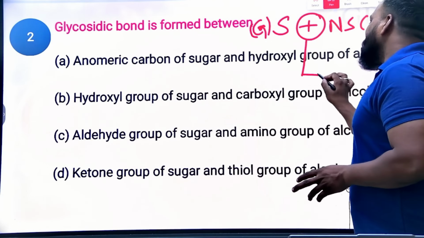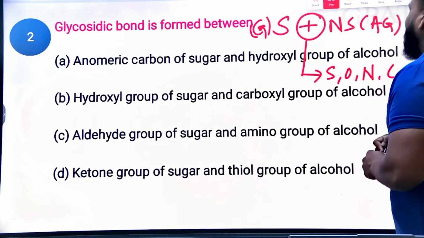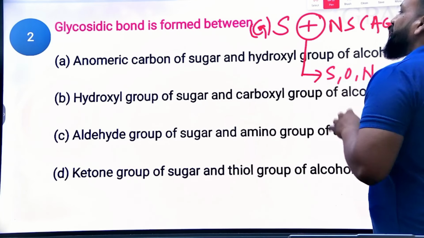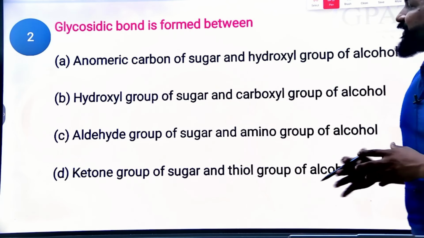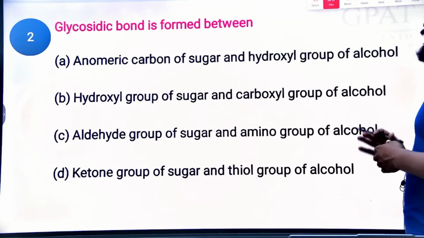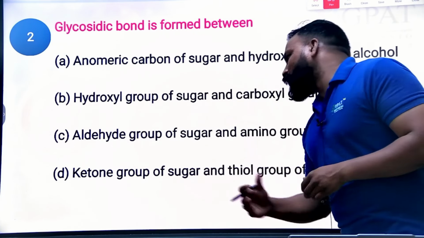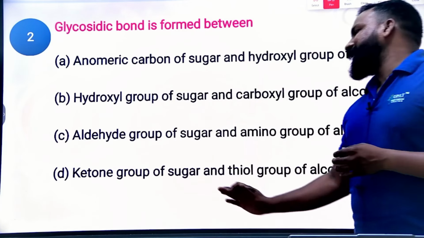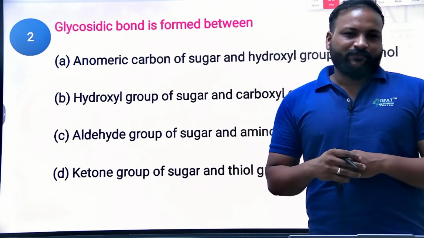This bond may be through sulfur, oxygen, nitrogen, or carbon. But the question is, it is formed between which two atoms? Either the anomeric carbon of sugar and hydroxyl group of alcohol, hydroxyl group of sugar and carboxyl group of alcohol, aldehyde group of sugar and amino group of alcohol, or ketone group of sugar and thione group of alcohol. Now you need to post the answer.